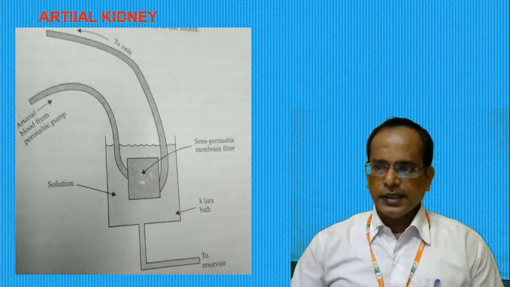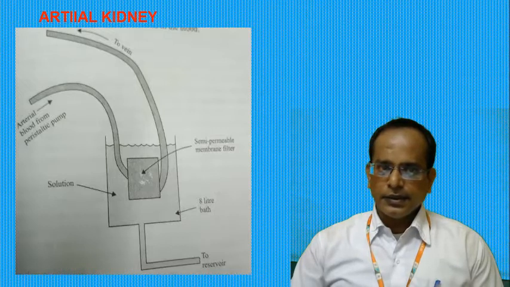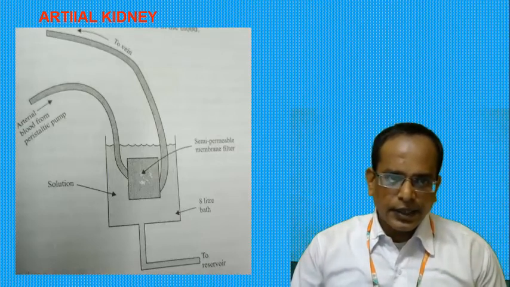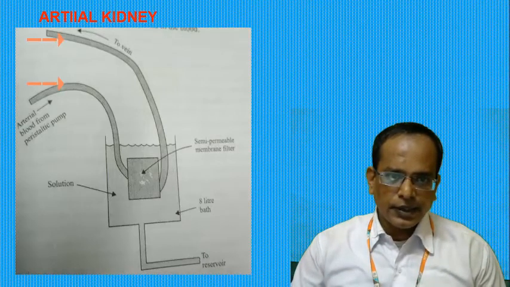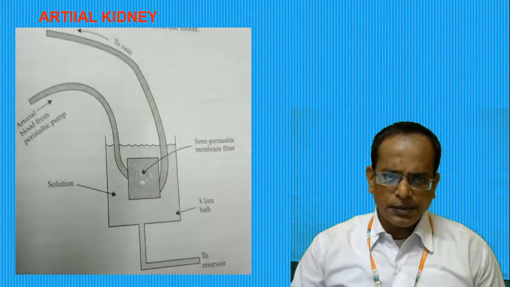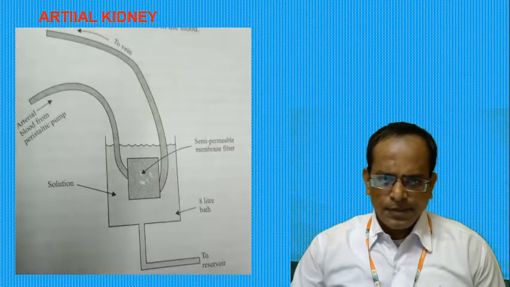And here the patient's blood is taken from the vein and also from the arterial side. It is given to the peristaltic pump, which is connected here.